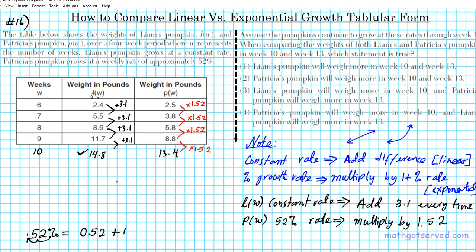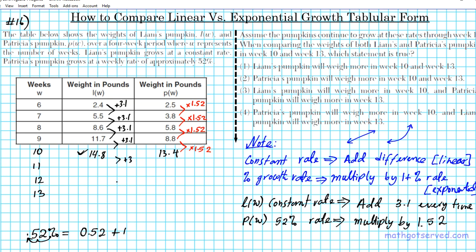Now, since the linear function has the lead, does that automatically mean that Liam's weight will remain the greater? Well, let's take a look at what happens at week 11, 12, and 13. And when we get to 13, we're going to compare again. So for Liam's function, it's easy. We're just going to keep adding 3.1.